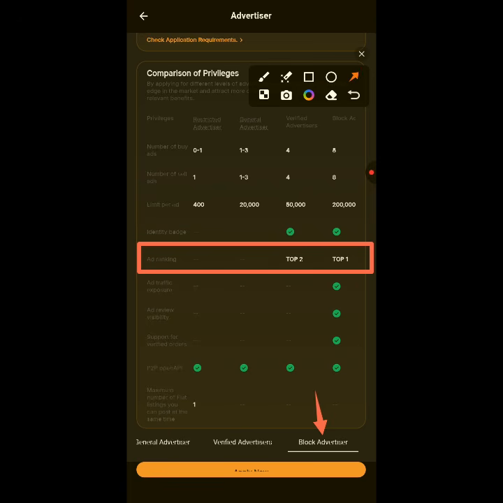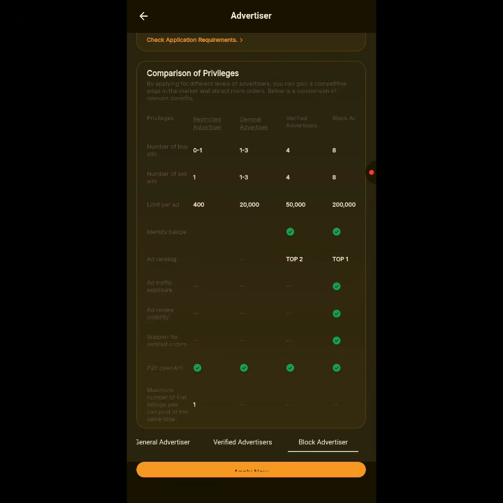The block advertisers are going to be in top one, verified are going to be in top two. Then general advertisers, you might not even see them. You have to scroll down, down, down before you see them. Okay, that is another thing. But you can still make sales as a general advertiser if you have a good rate. Okay, there will be a lot more exposure for the others.